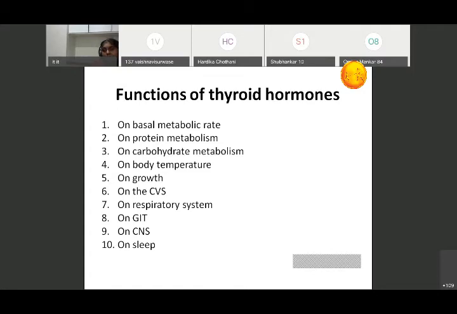Second, it decreases gluconeogenesis. Third, it decreases conversion of glucose into glycogen. And fourth, it decreases glycogenolysis. What do you mean by glycogenolysis? Glycogenolysis means breakdown of glycogen into glucose.